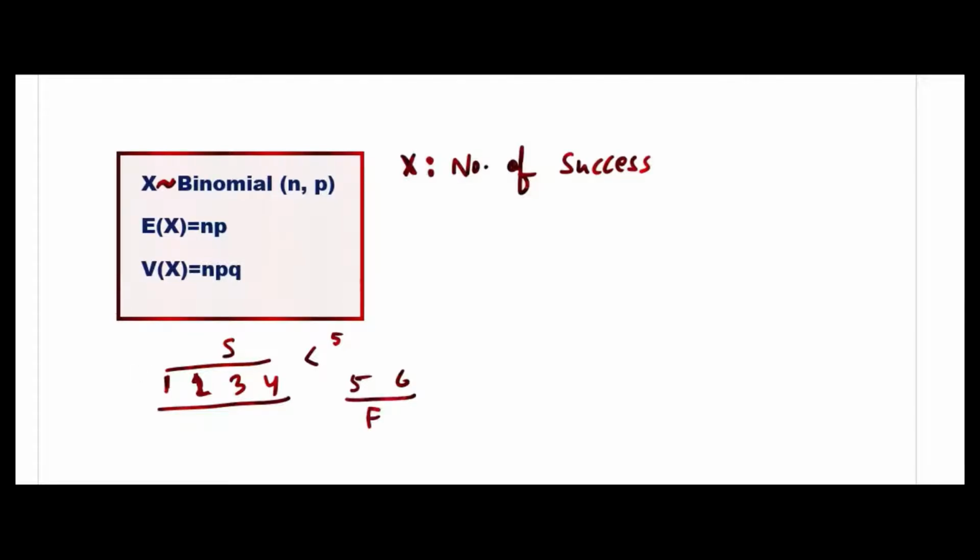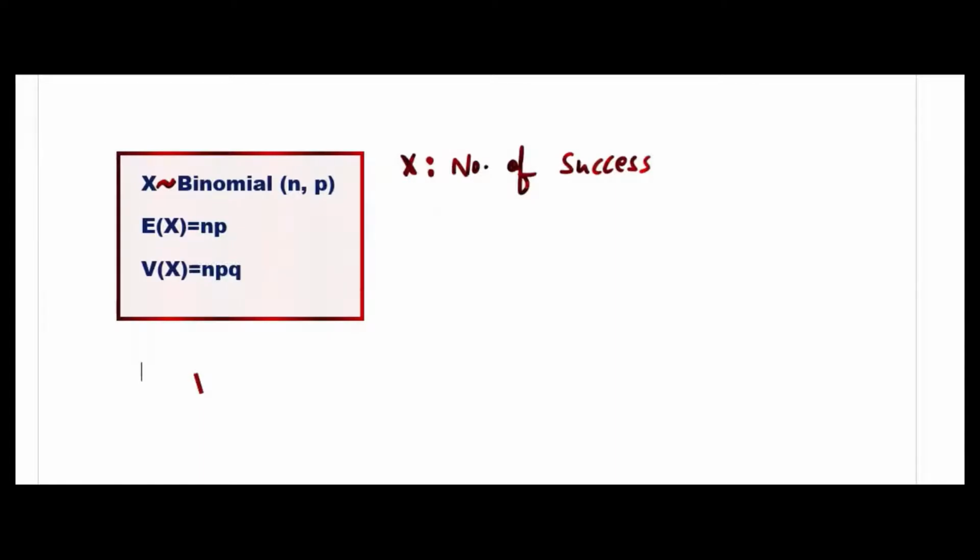You can define this. Then if you roll a die 10 times, or 20 times, you can find the number of successes. That way you can make it a binomial event, or you can say odd number, even number, or getting a 6 is a success and not getting a 6 is a failure. Whatever you want you can do, but you have to make it a two-way thing.